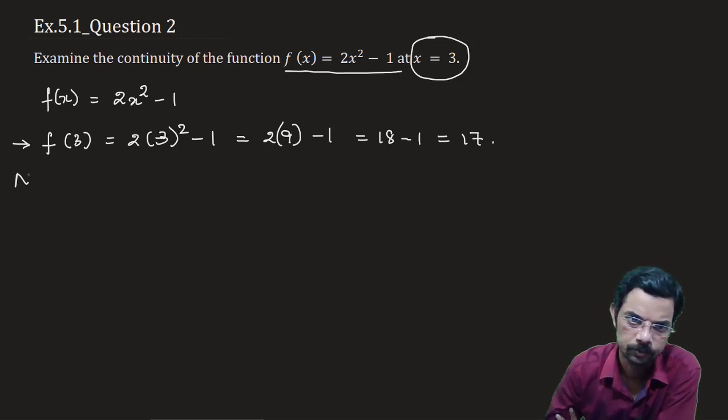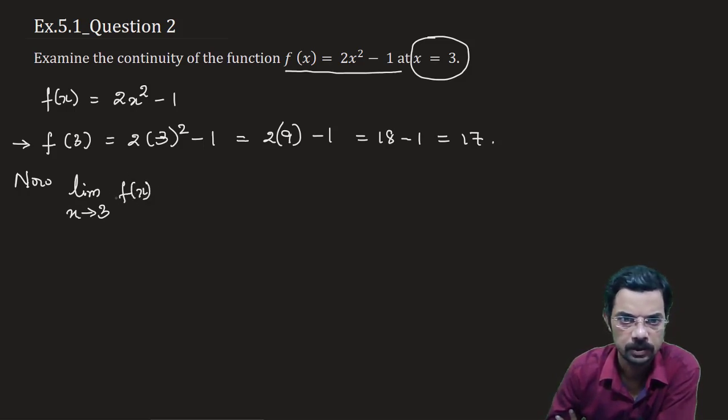Now the next step is to check the limit. Limit x tends to 3, f of x. The limit of the function at 3 should be equal to the value of the function at x equal to 3.